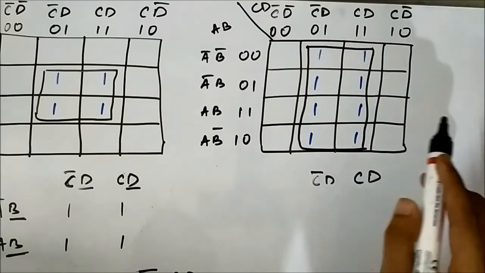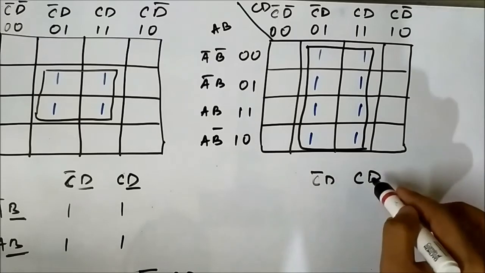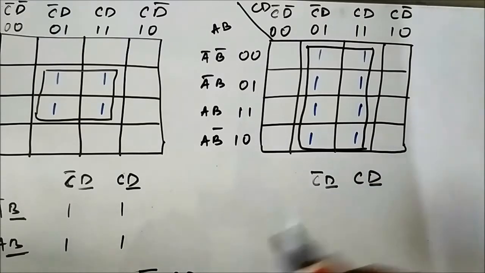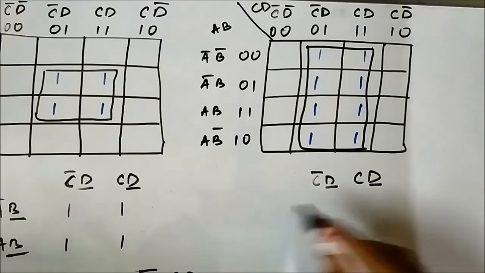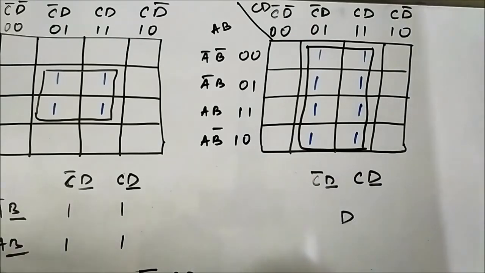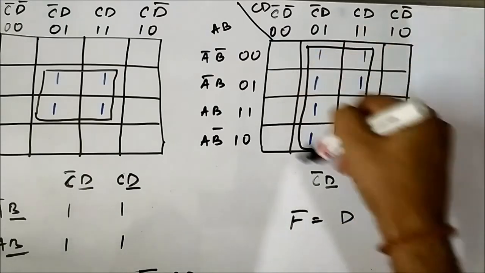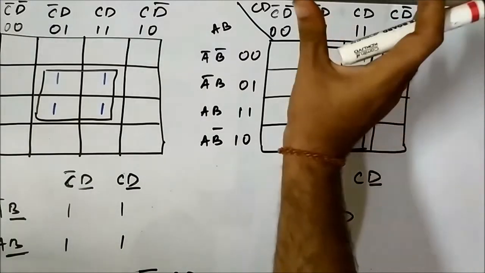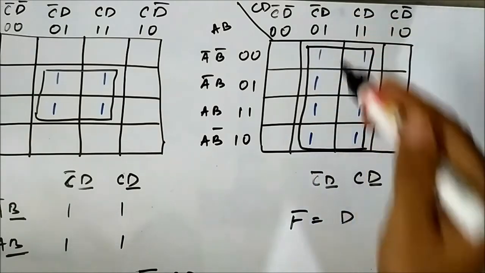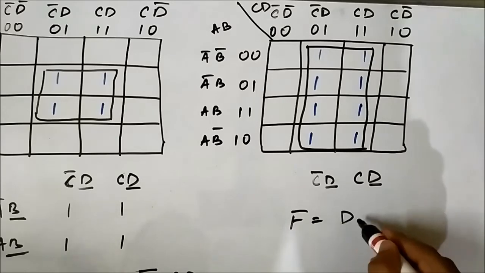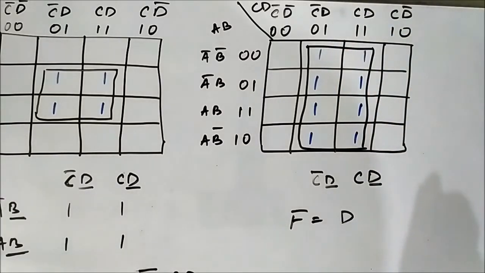In these two, D is common. So D here is the common variable in this group. As there is only one group, the simplified Boolean expression is D for this K-map. Okay.